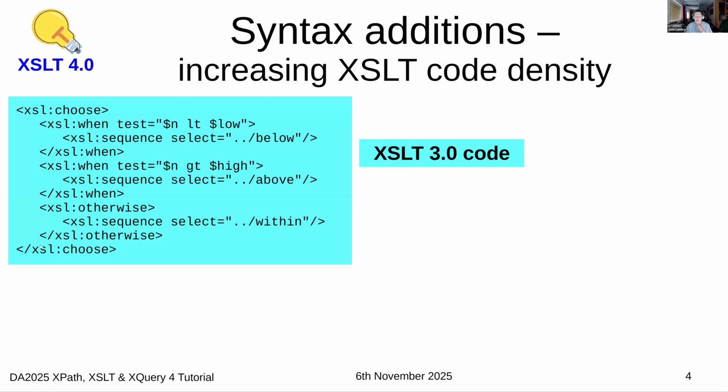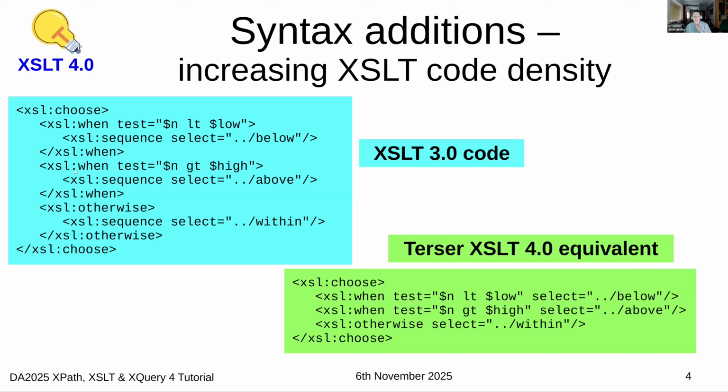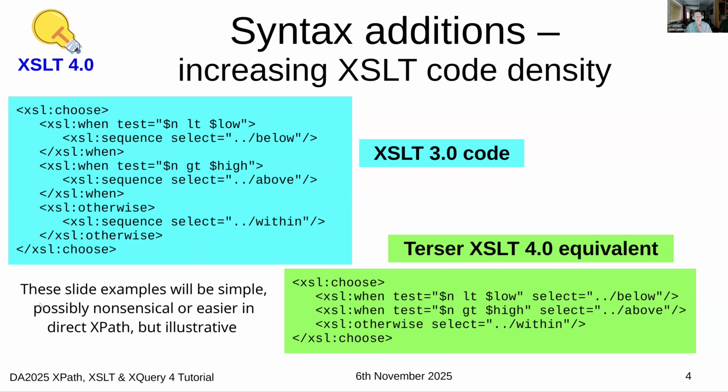Okay, most of the syntax additions effectively are trying to increase the code density. So in XSLT 3 code, we would have something like this, but the XSLT 4 equivalent has basically said, why do we need to have the sequence constructor inside here, where we've just got an XPath expression?